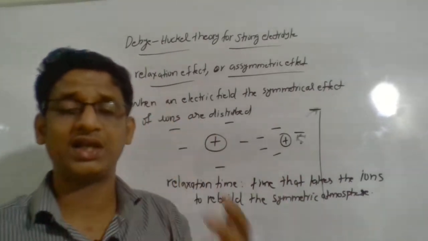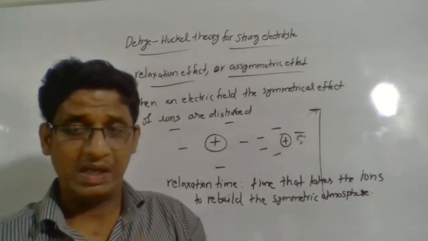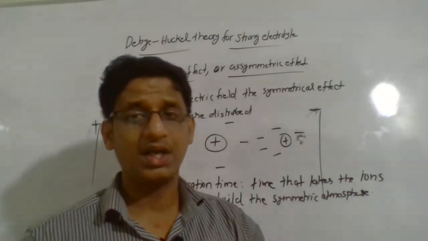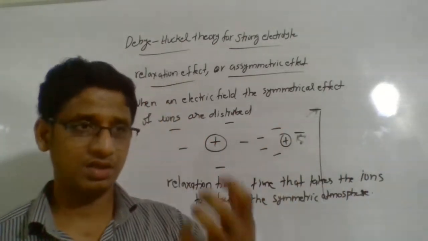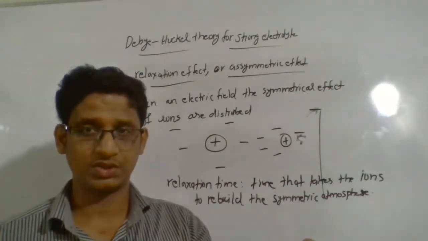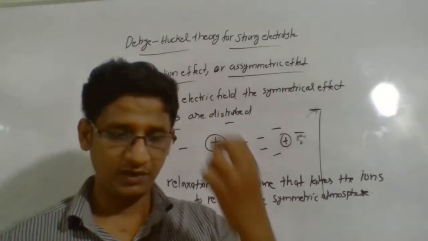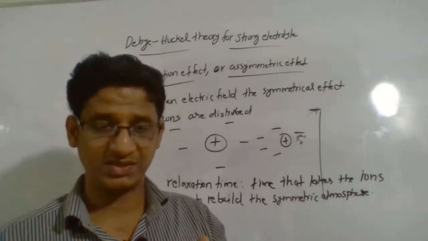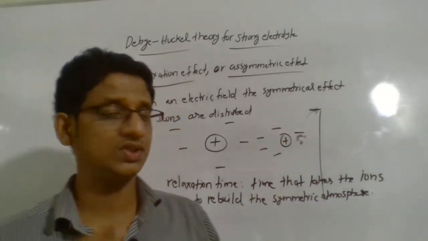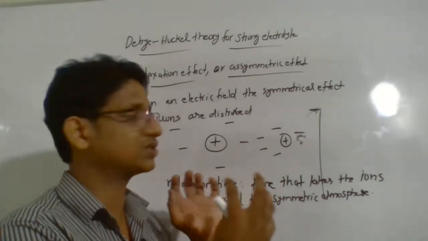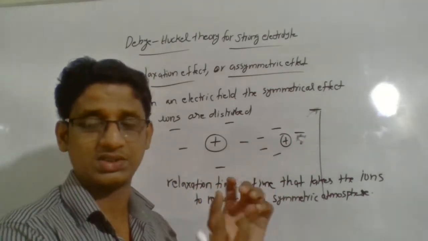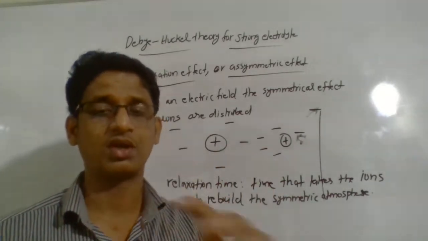We are always finding an answer to why there is different molar conductivity at different concentrations, and why there is different molar conductivity for different electrolytes. It is because the magnitude of the electrostatic force of attraction experienced by the oppositely charged ions has an effect on the molar conductivity.